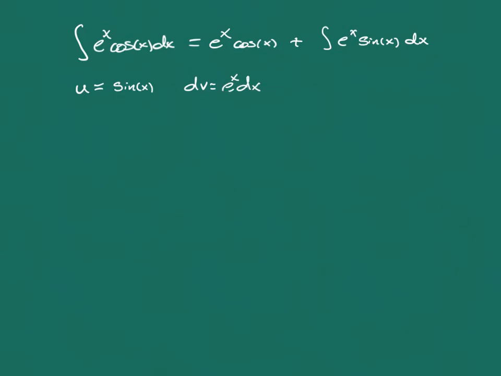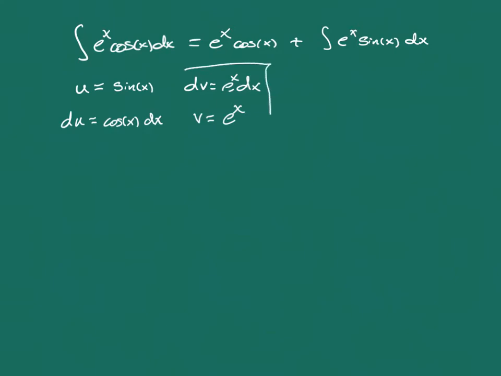Figuring out du: the derivative of sine becomes cosine of x, so du is cosine of x dx. v becomes the antiderivative of e to the x, which is just e to the x.